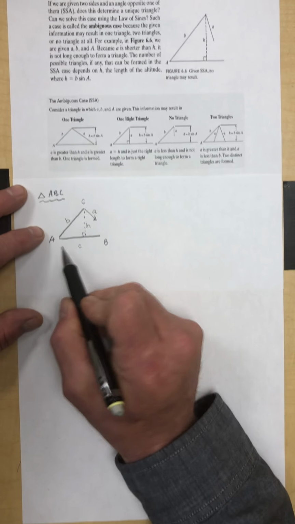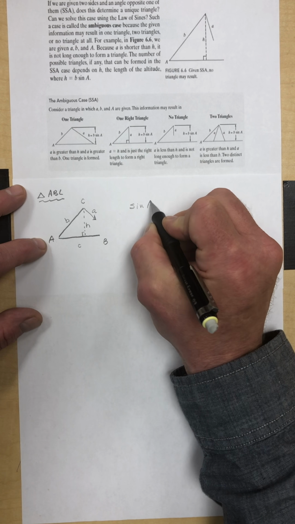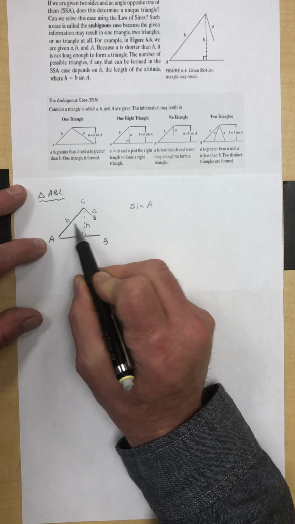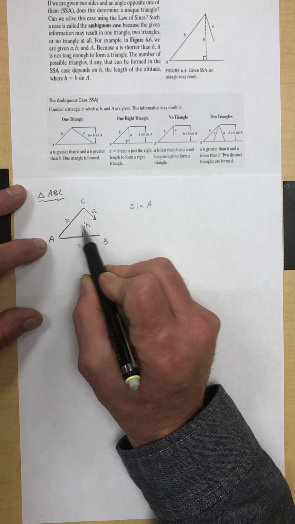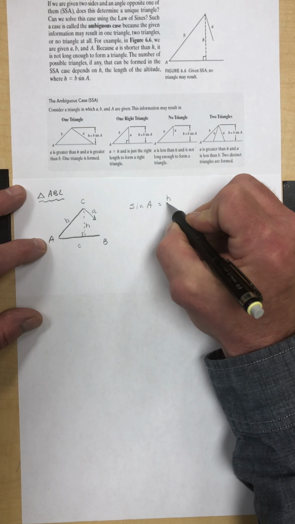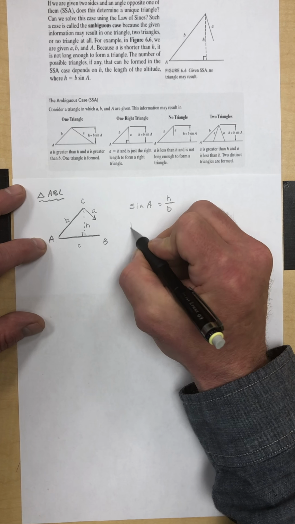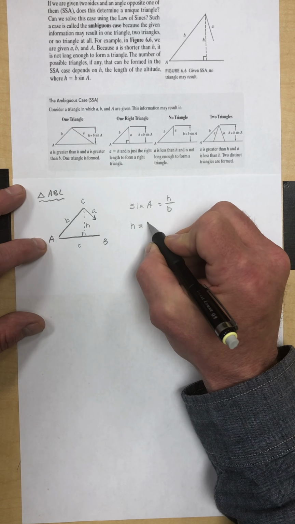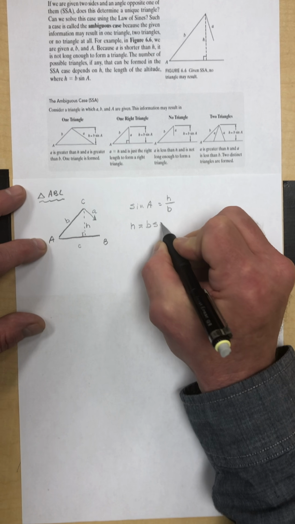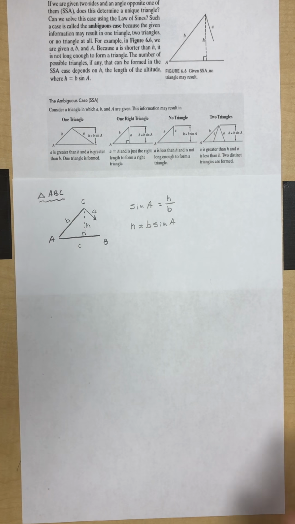The sine of angle A would be opposite over hypotenuse, so the height over b. Solving for h, your height always ends up being little b times the sine of angle A. That's really important here.